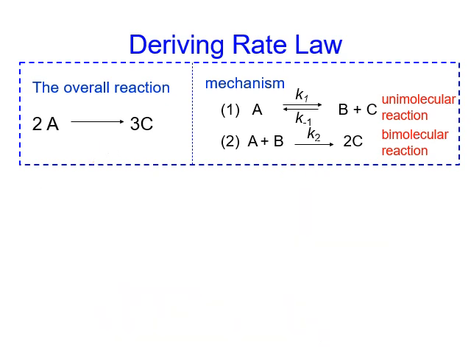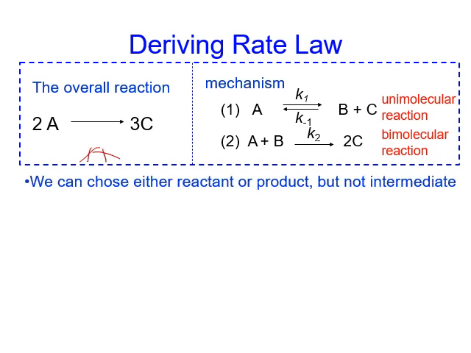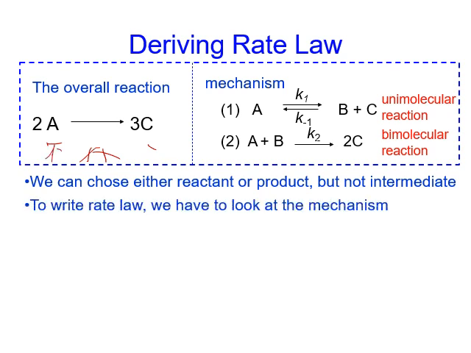Let's derive the rate law for this overall reaction. We can choose either a reactant or the product, but not the intermediate. After we choose A, for example, then we have to look at the mechanism to derive the rate law, not the overall reaction.